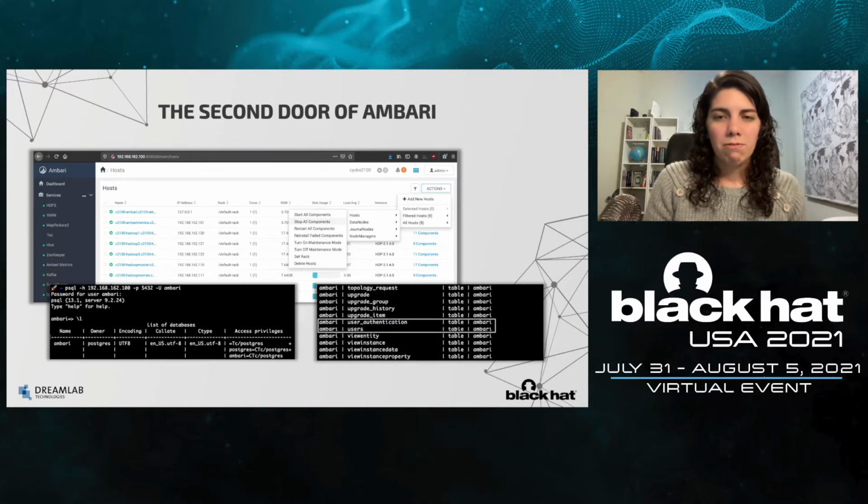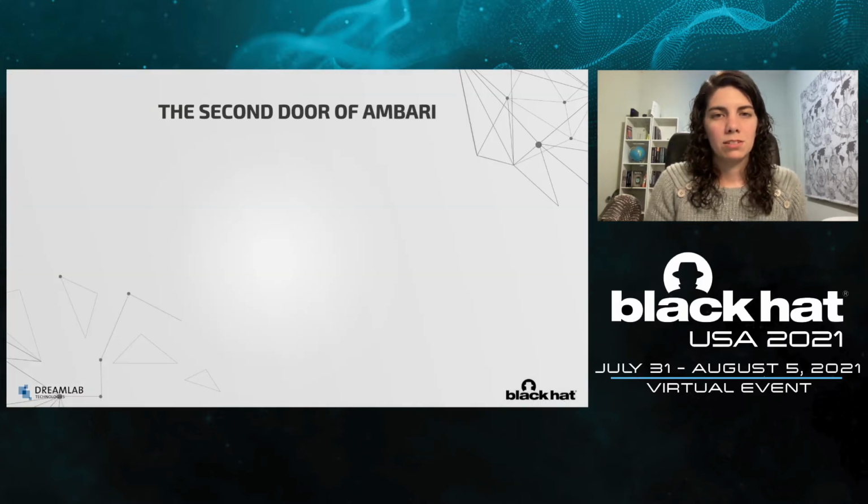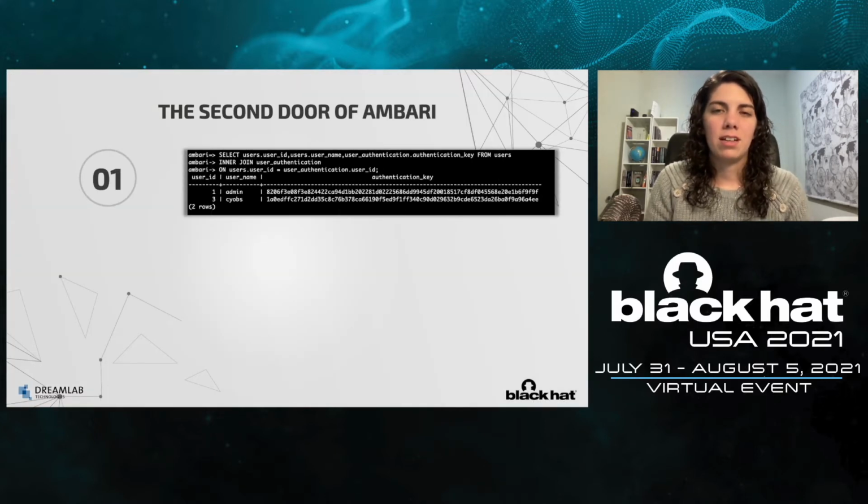And there we will find these two tables, user authentications and users. To get the username and authentication key at once, we need to do this inner join query between those two tables. The authentication key is a salted hash, so the best thing that we can do here is just update the key for the admin user, for example.